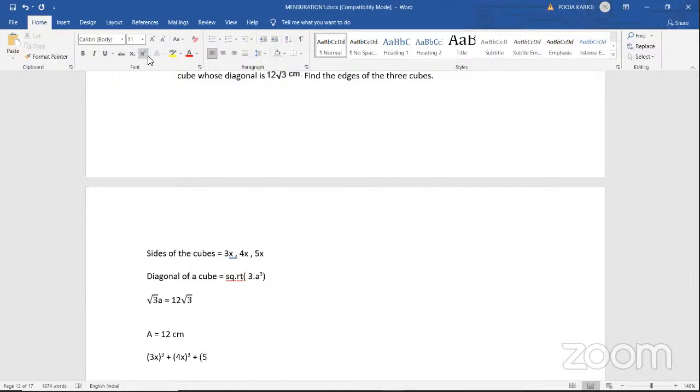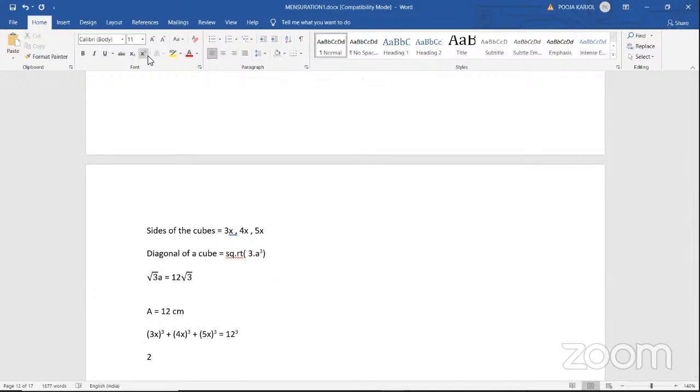This one is 27x cube plus 64x cube plus 125x cube.